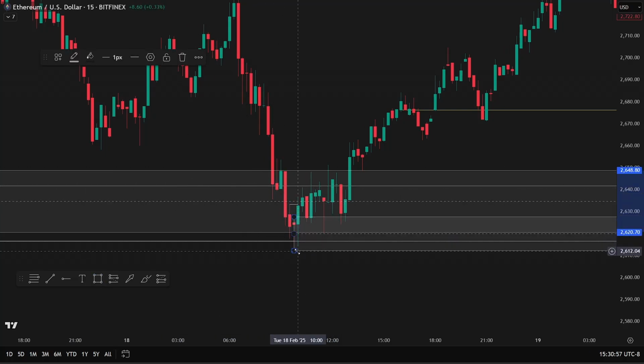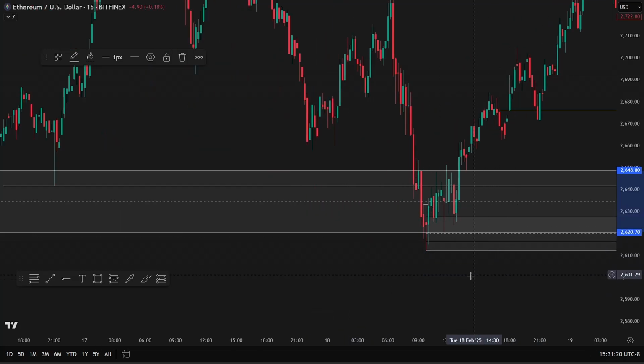Within this 1-hour order block, price comes back down here, pushes up again, breaks market structure again to the upside, and then price retraces down to the midpoint of this 15-minute order block within this 1-hour order block, comes back up, gets bought up aggressively.